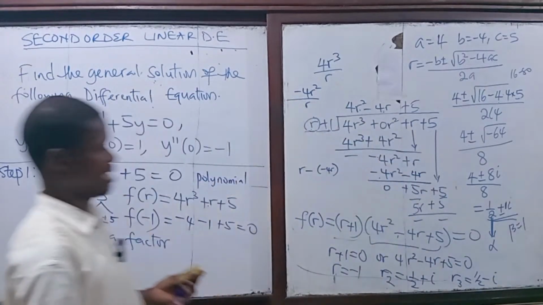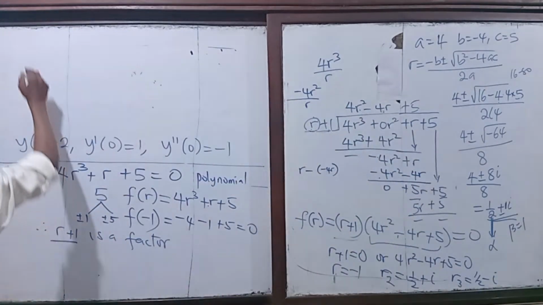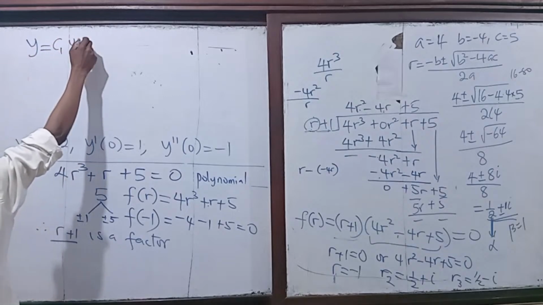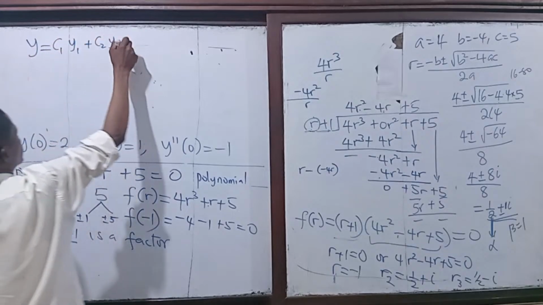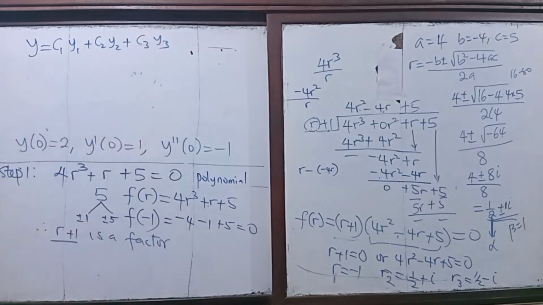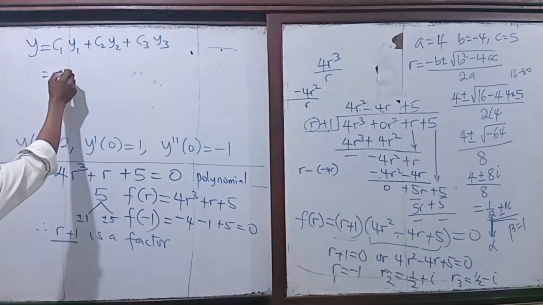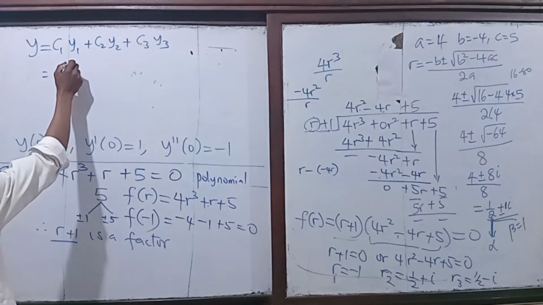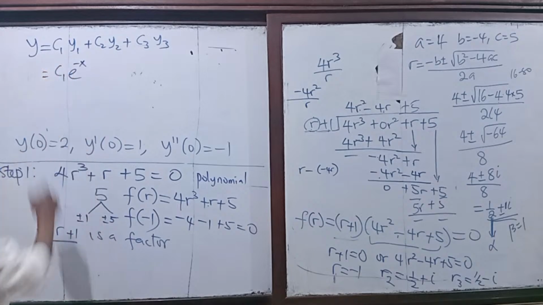Okay, so that's what we have there. y will be equal to c1 y1 plus c2 y2 plus c3 y3. For y1, that is e to the power minus x, so that's minus x c1.